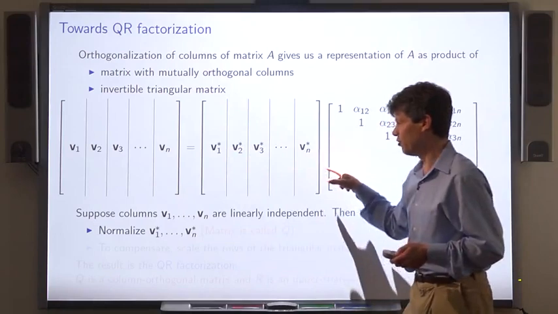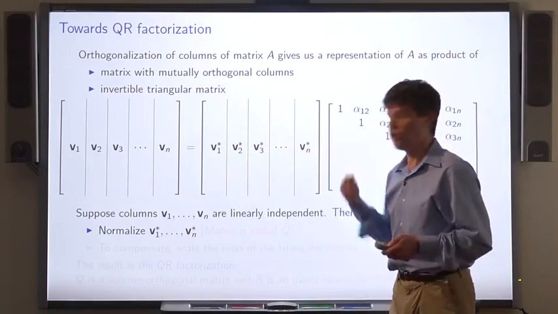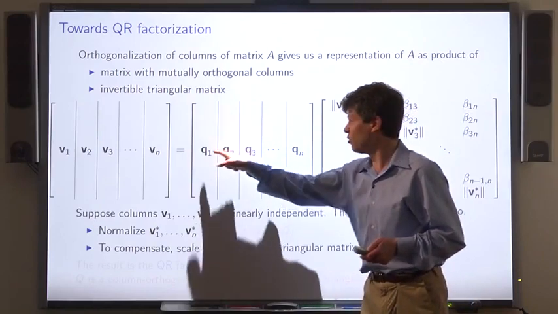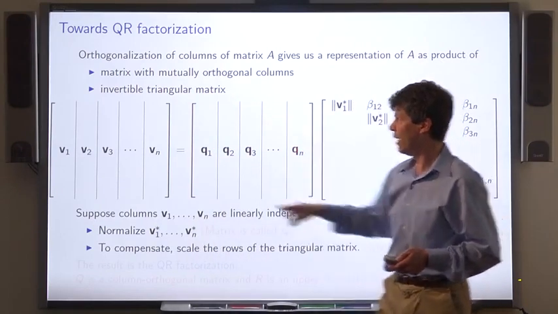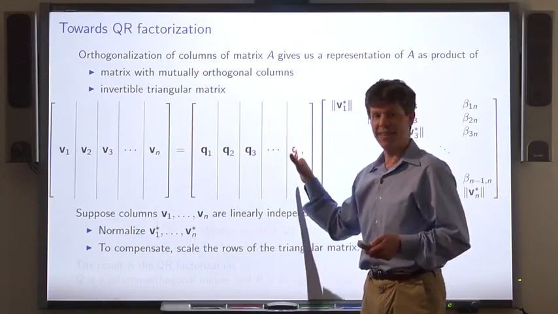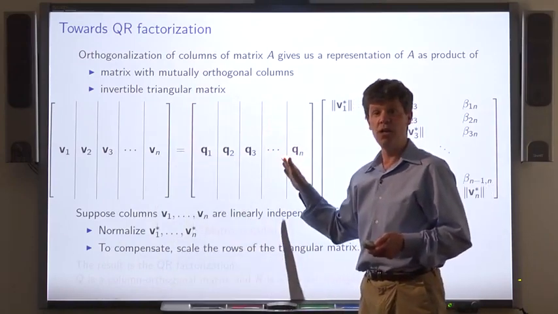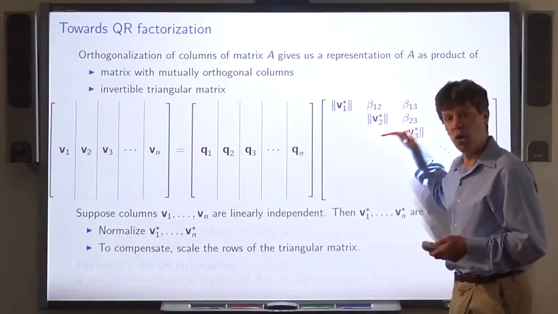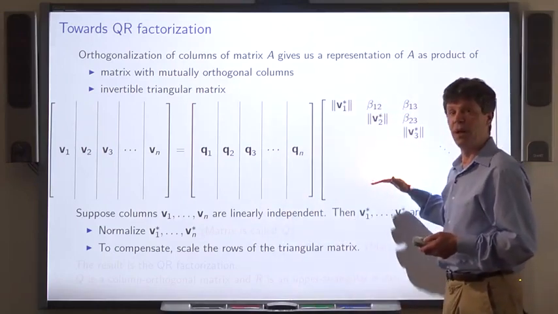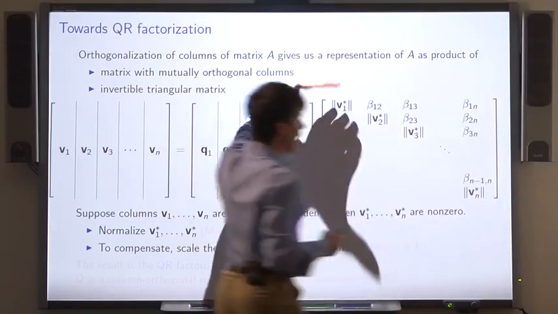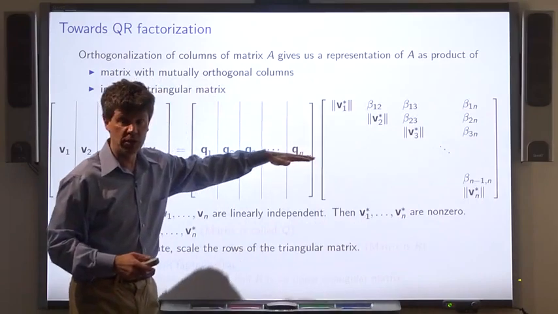We'll normalize these vectors, replacing them with their normalized versions, and we'll call the normalized versions q1 through qn. Now, to maintain this matrix relationship, because we're normalizing these, that means dividing each of these by its norm, we have to multiply the corresponding rows of this matrix by the norms of these vectors. And so we get a slightly different triangular matrix.